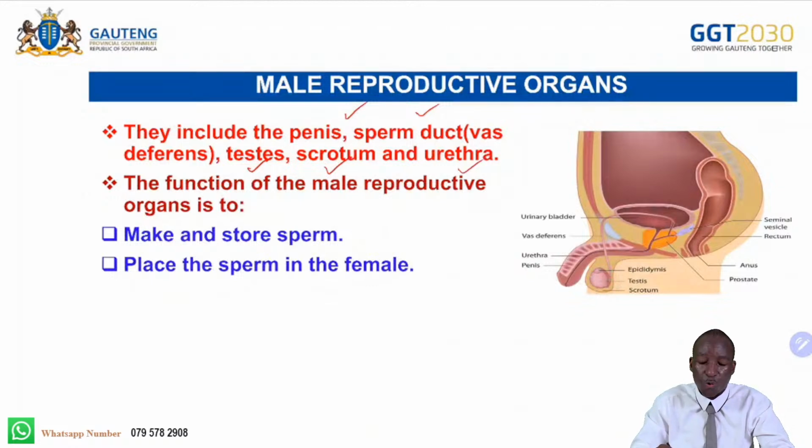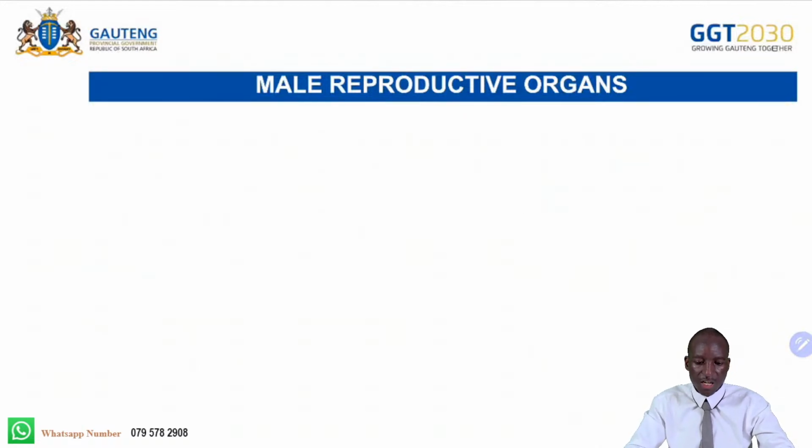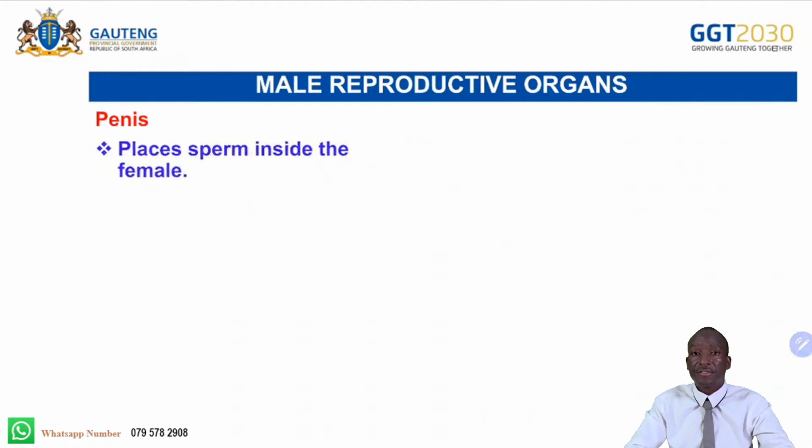That's where the sperm is made, and that's where the sperm is stored. That's where the sperm is also released from during sexual intercourse. We're going to start off by looking at the penis, and find out its function and what role it plays under the reproductive system.